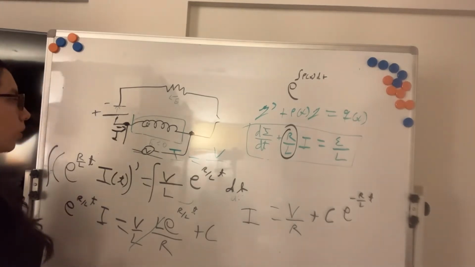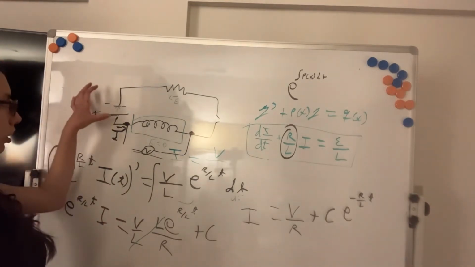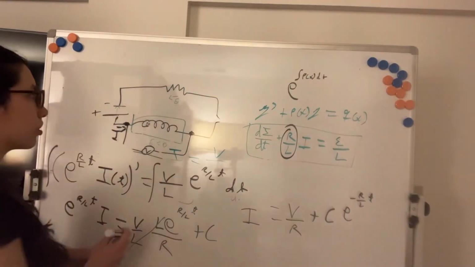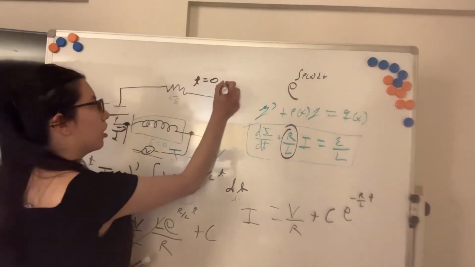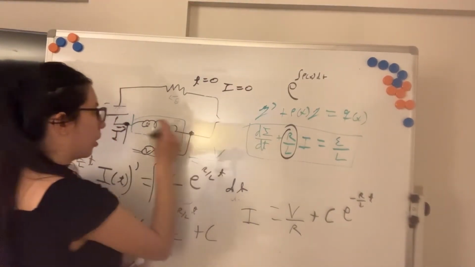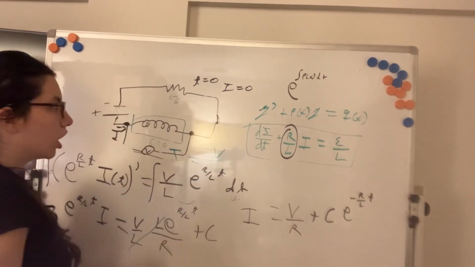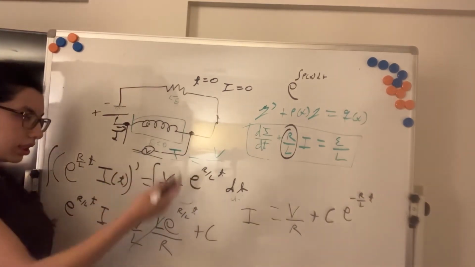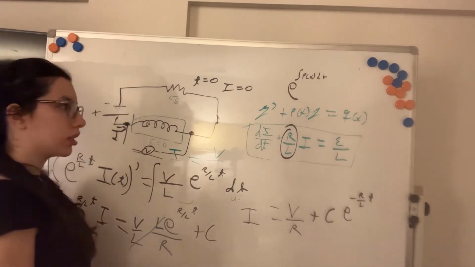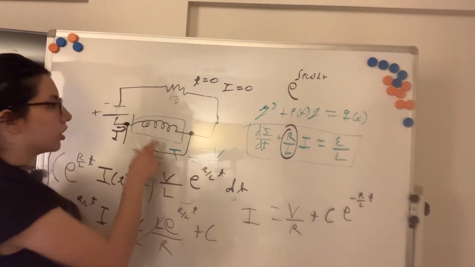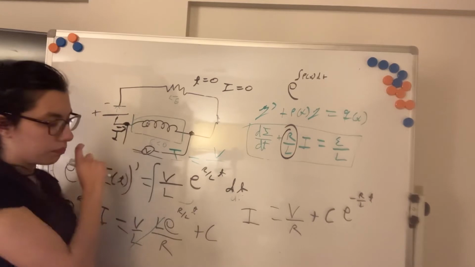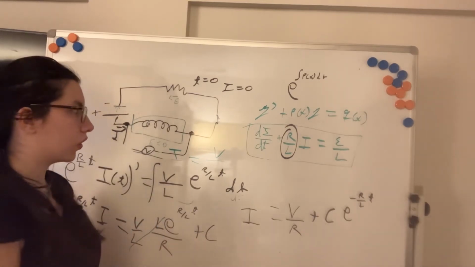That is, when we have the battery turned off, we have no current, so at t equals 0, the current is equal to 0. When we turn on the battery or close the switch, the current is increasing, but not abruptly. It increases slowly because the self-inductor is opposing the change in the current.